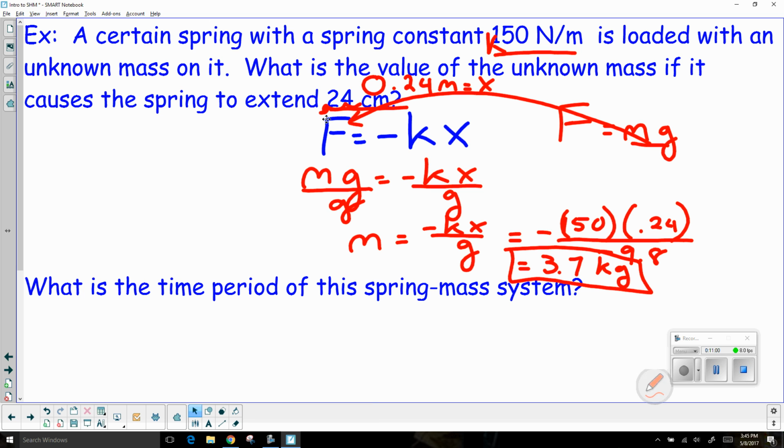Going back to the world of sig figs, 2 sig figs in my x value, 2 sig figs in my k value, so I have 2 sig figs in my answer. This is pretty much how simple it is to use Hooke's law to figure out the mass hanging from a mass spring system. How about the time period, though?